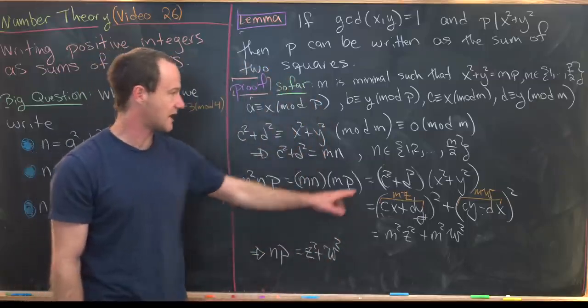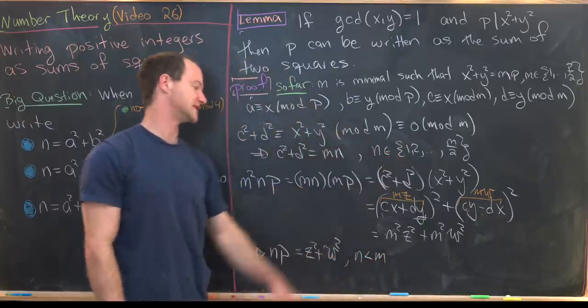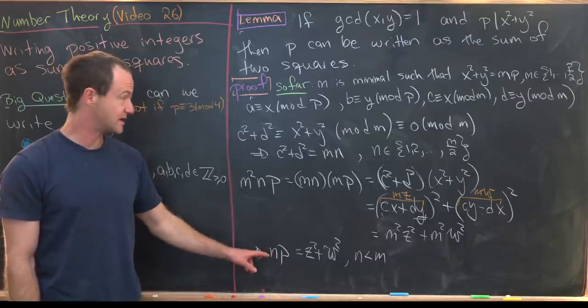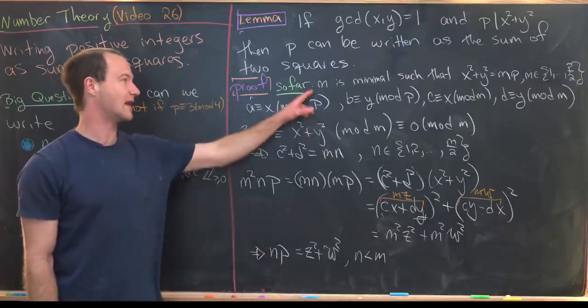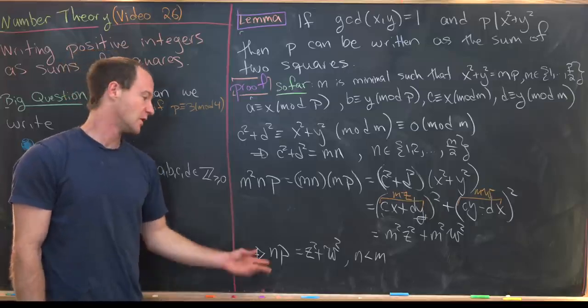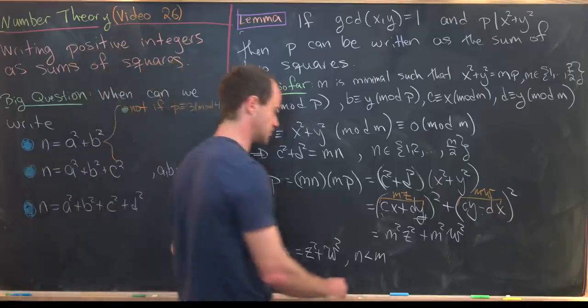But let's recall that our n is most definitely less than m because it comes from this set. So this seems like a problem. Does this contradict the minimality of m, which we started off assuming? Well, if the GCD is 1, then yes, we have a contradiction.